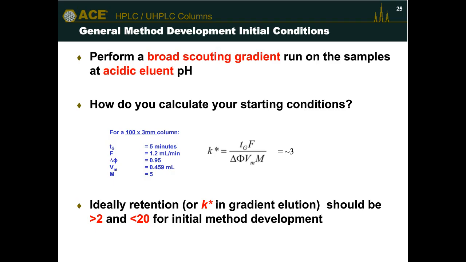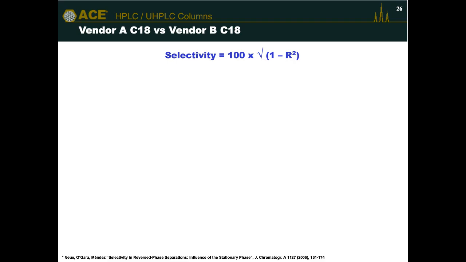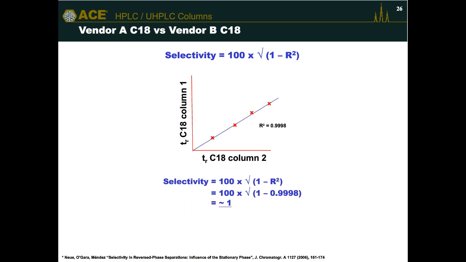And we tend to look at Uwe Neue's work for comparing parameters within chromatography. So if you run a set of probes down one column under a given set of conditions and record the retention times, you then do exactly the same set of analytes, the same set of probes under the same set of conditions, but on a second column, then you can plot the corresponding retention times and get a scatter plot.